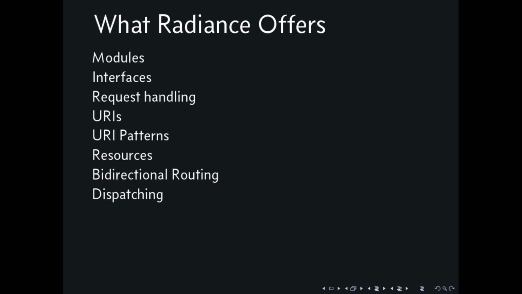It allows for resource sharing between modules so that you can conveniently link between them. And an essential part of that is bidirectional routing, which I'm not going to explain here because it's too difficult to get into quickly. There's a blog post out there, you can find it on tymoon.eu. It also does dispatching, of course, so that you can get to your pages and dissect the arguments of the path and so on.